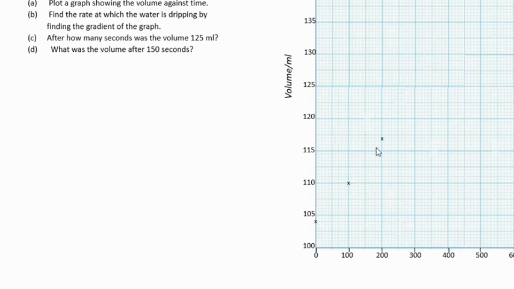200 seconds meets up with 117 milliliters. Again, that's 4 divisions up from 115. 115, 116, 117.